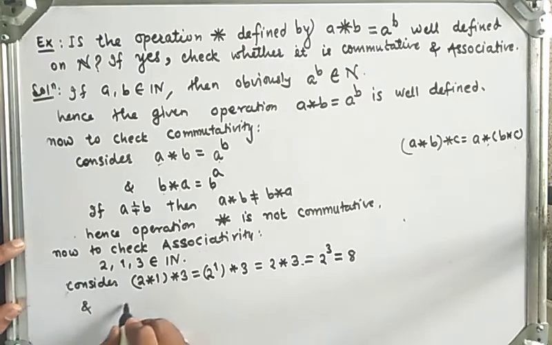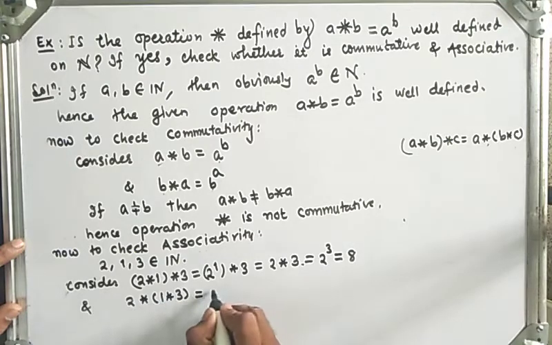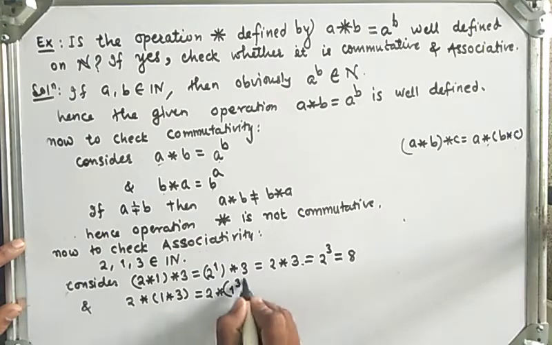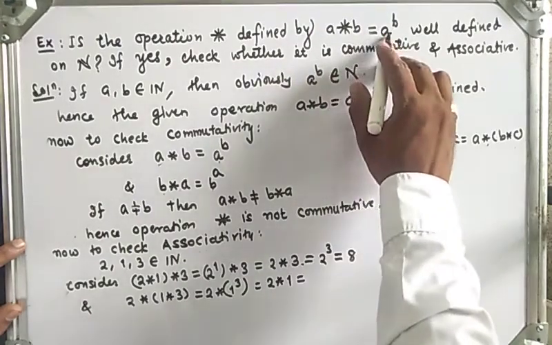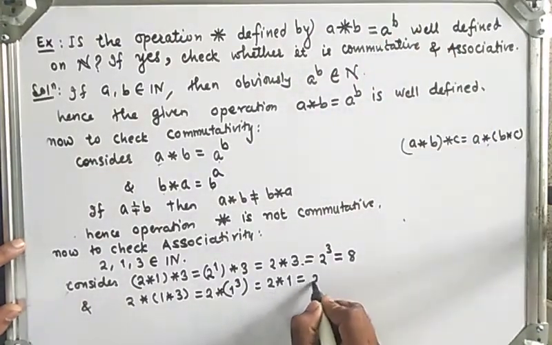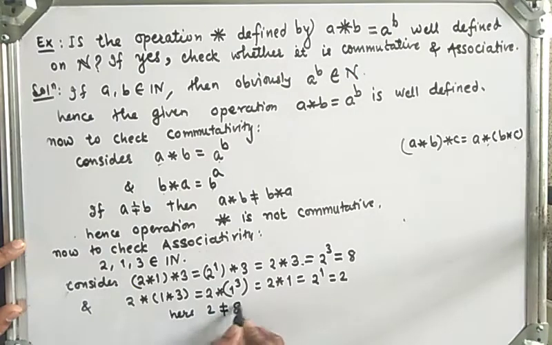And next, the RHS, 2 star (1 star 3). Here 1 star 3 is nothing but 1 raised to 3, which is 1. Now again 2 star 1, so a star b is a raised to b, so 2 star 1 is 2 raised to 1, which is 2. So here 2 is not equal to 8, because (2 star 1) star 3 has value 8 and 2 star (1 star 3) has value 2.